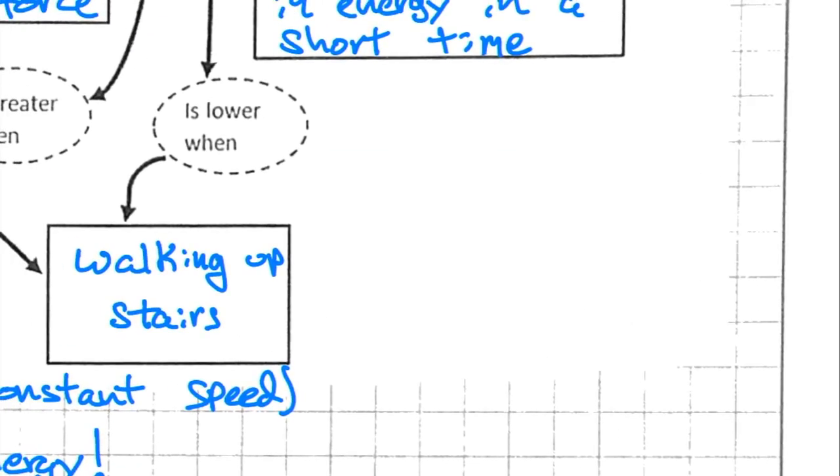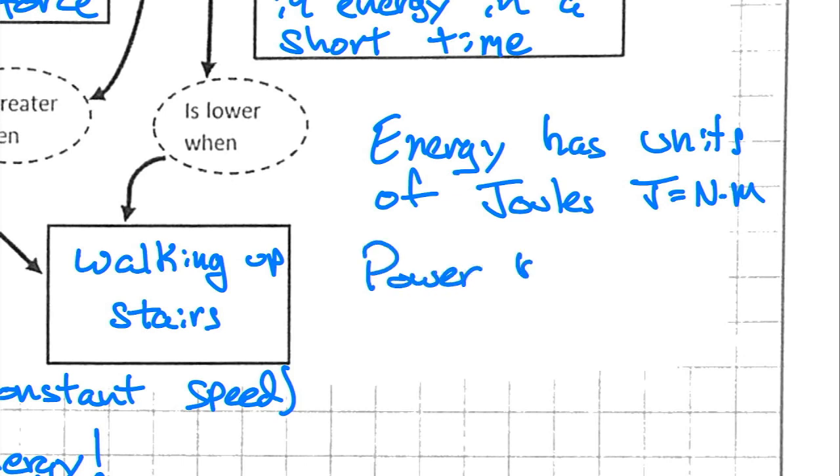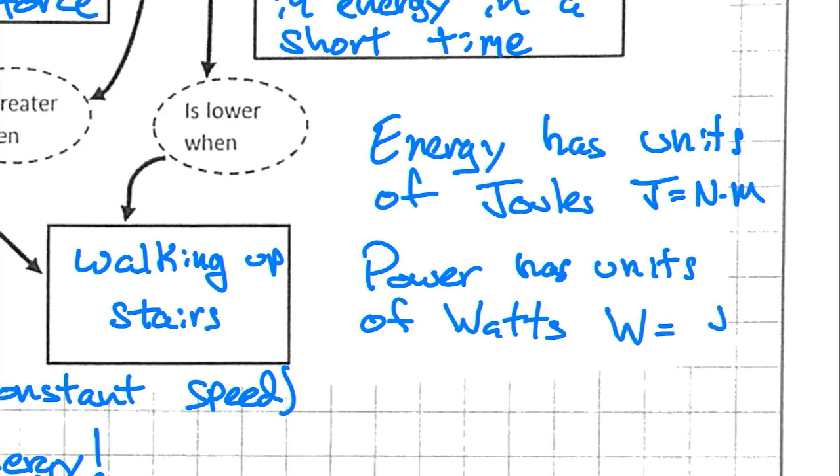And energy has units of joules, and a joule is a Newton meter. Power has units of watts, and a watt is a joule per second.